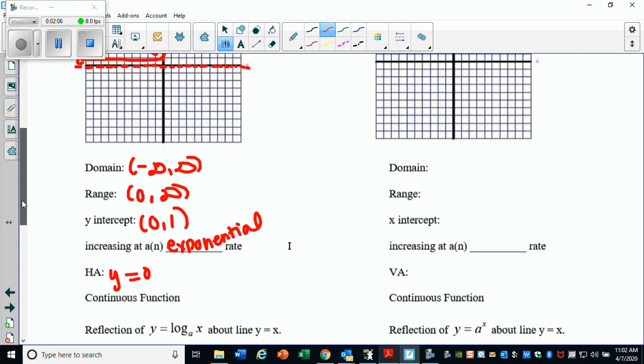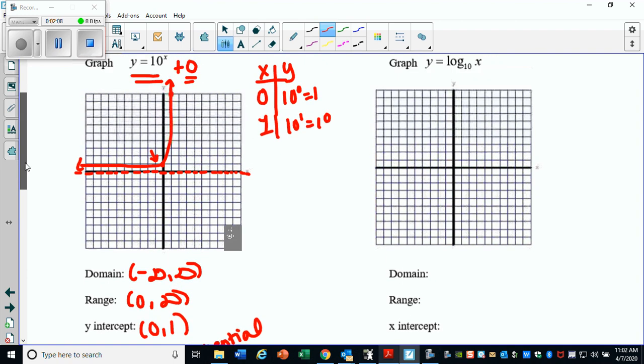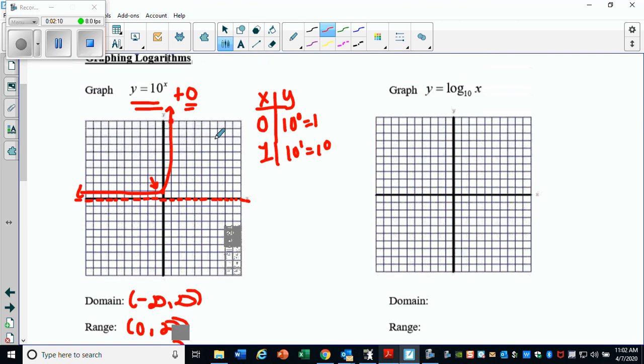Okay, so now let's take a minute and think about what my logarithmic function is going to look like before we even graph it. Okay, now number one, what we do know is that they're inverses of each other. Okay, so inverse means you're switching your x and your y.